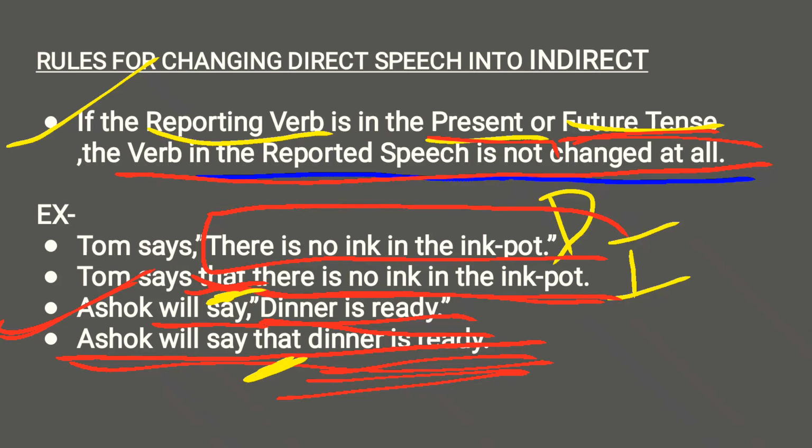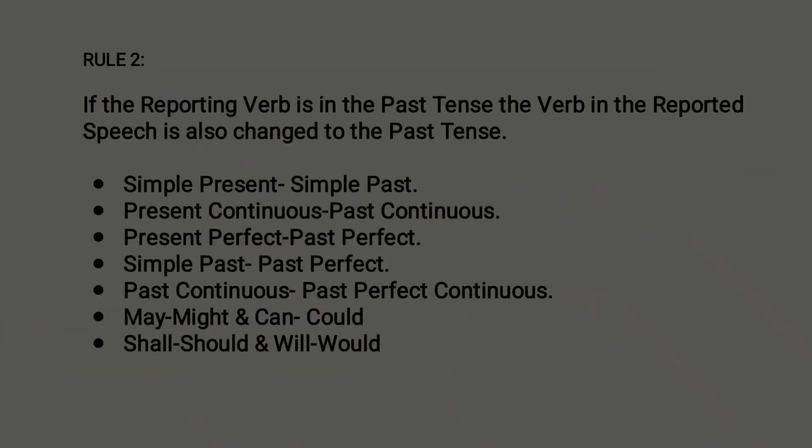Okay, now let's move to the another rule. The second rule says that if the reporting verb is in past tense, the verb in the reported speech is also changed to the past tense.